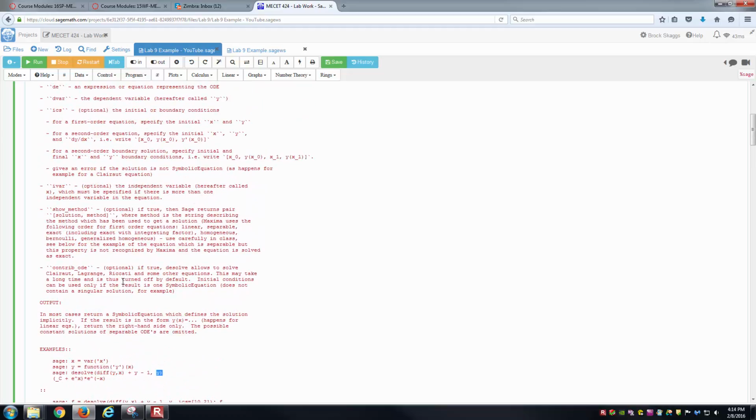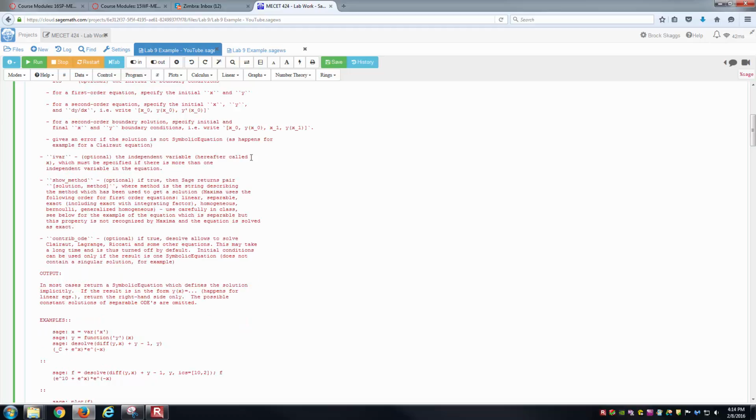Also, you can see it works for boundary value problems, so boundary solutions here where we would pass in x naught and y of x naught, x1 and y of x1. And so this is the route we'll take to describe the actual conditions which go to the particular solution of our ODE. And so for us, it'll be saying something like at x equals 0, the deflection is 0, and at x equals L, the deflection is 0 as well.